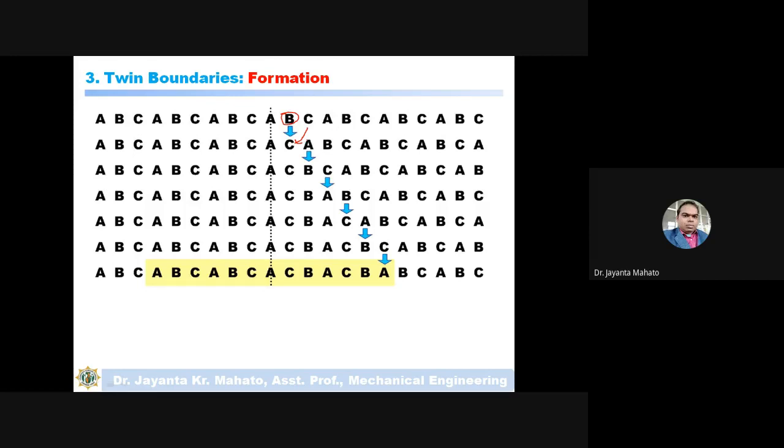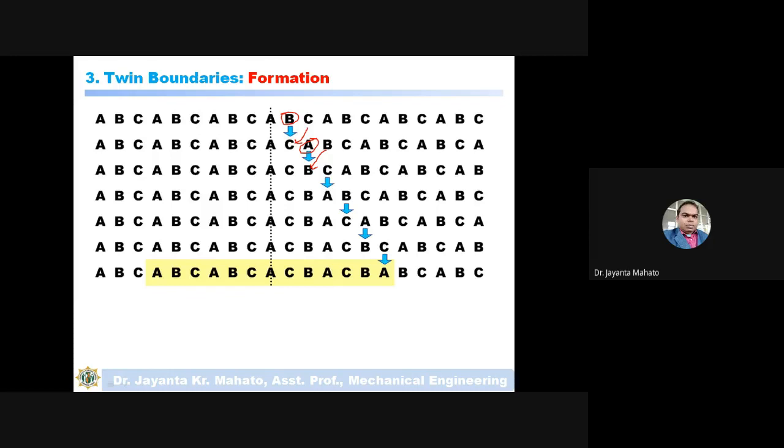Again, if this A plane is removed from its position, then after C, A will be removed and C will come here.